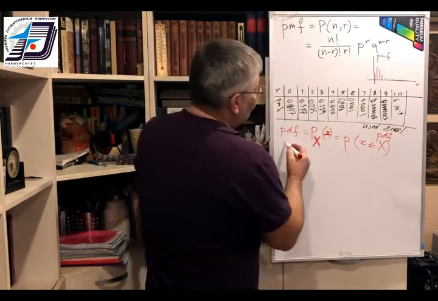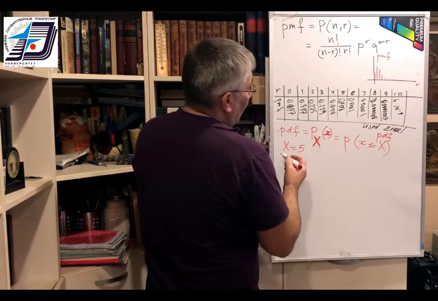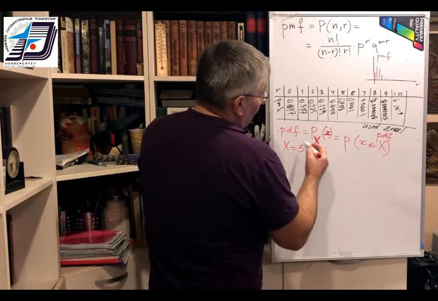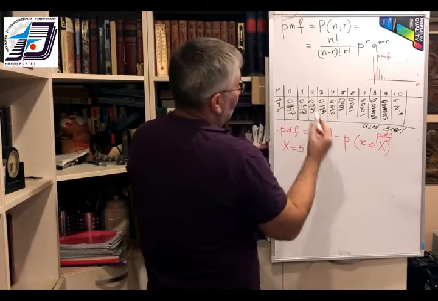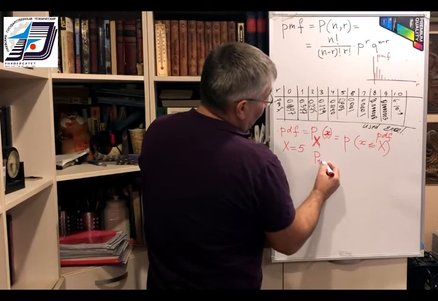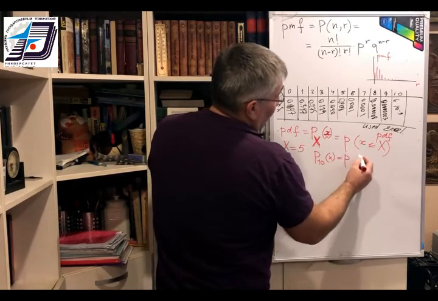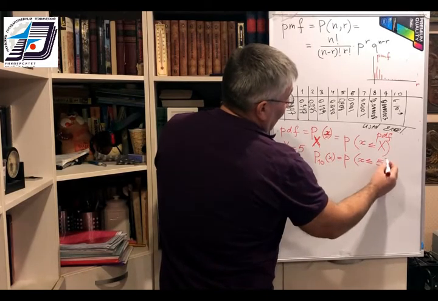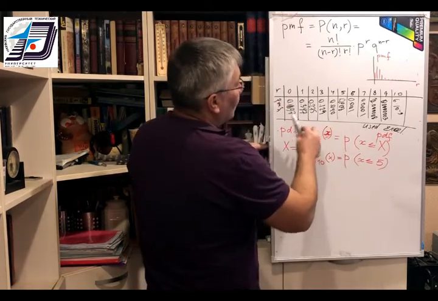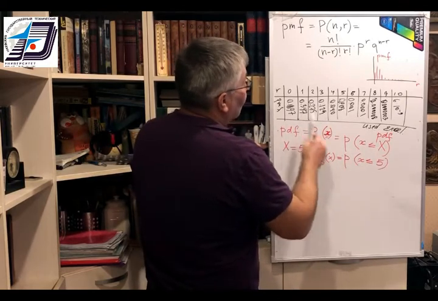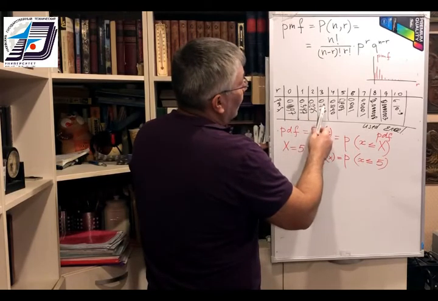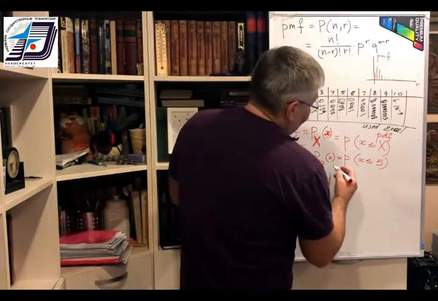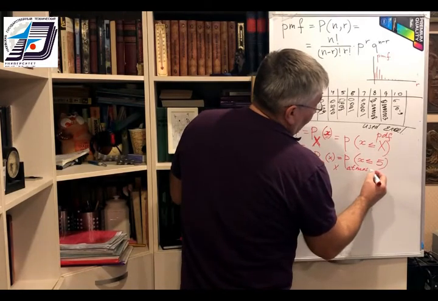For example, x equals 5: it gives the probability that the result of your experiment is less or equal to 5, so 0, 1, 2, 3, 4 or 5. So at most 5.